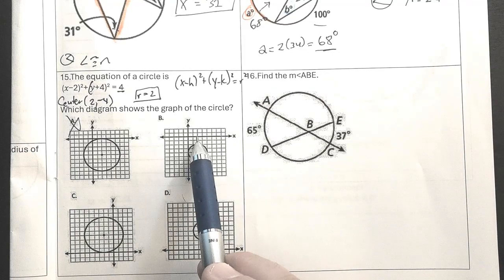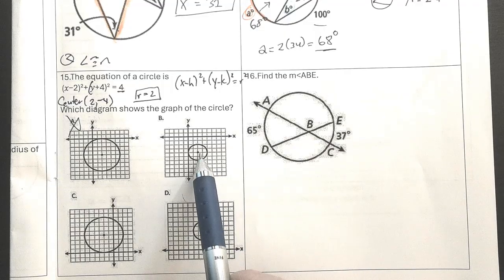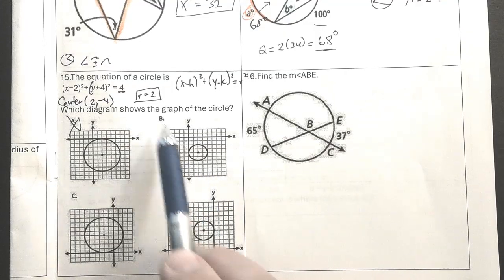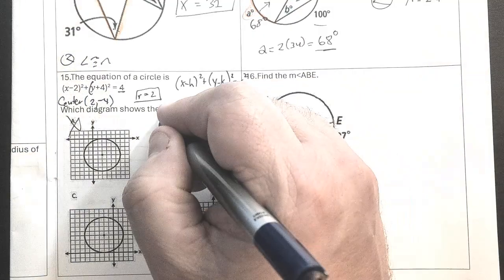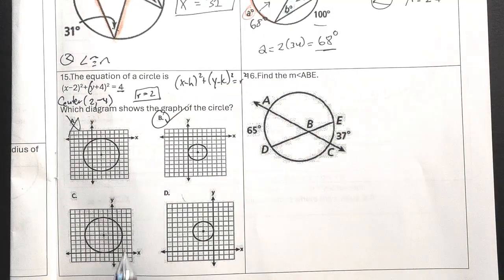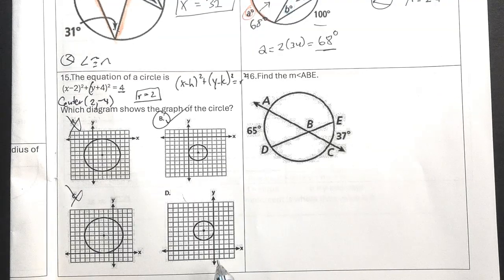So 1, 2, 1, 2, 3, 4. So here's the point. And it goes 1, 2. Our radius is 2. So this is it. Look down here. So if we go over 2, try to go down, that's in the wrong spot. And then same here. If you go over 2, you go down 4, you're down here. So this one's no good.